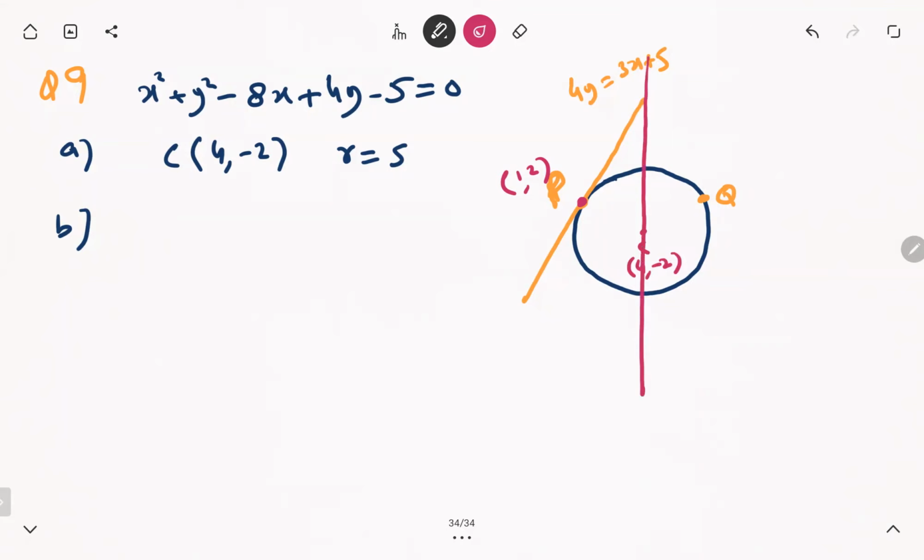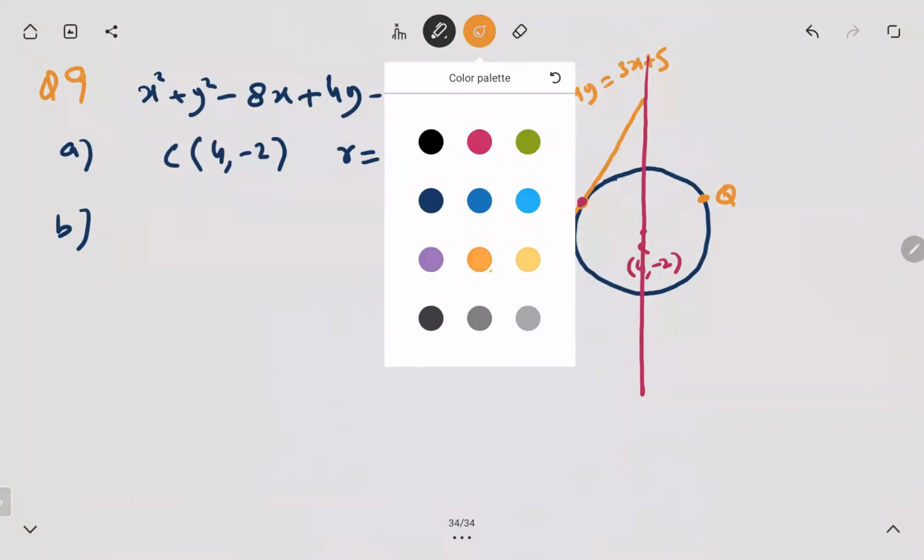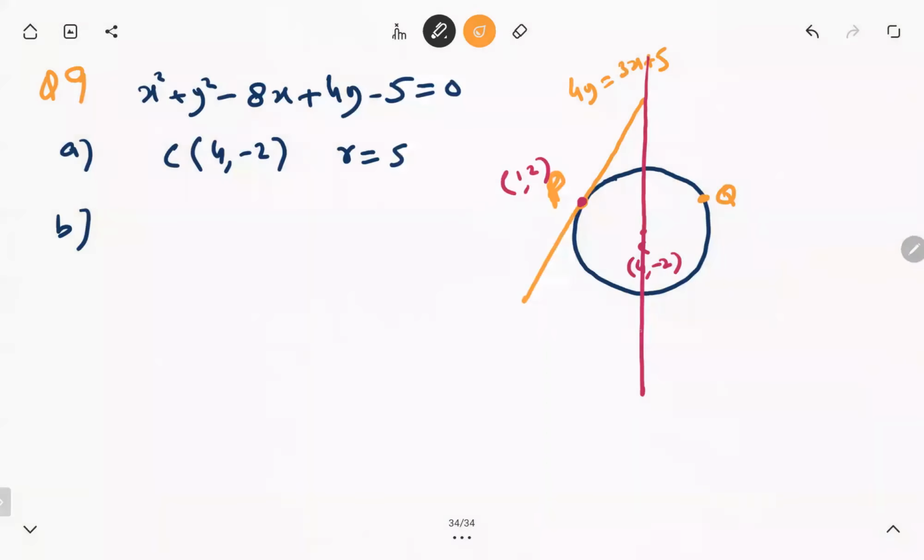Yes, Hussein, you are right. The y coordinate will remain throughout the same on this line. So this point here, the y coordinate is -2. Even here, the y coordinate is also -2. So just look, PQ is a horizontal line. So it means that point will be the midpoint of P and Q.